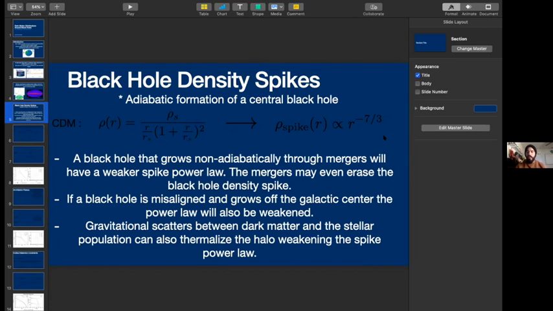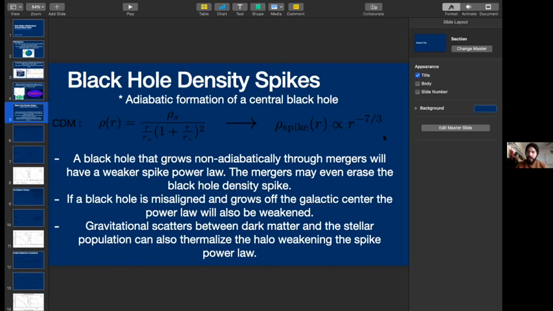If the black hole were to form through mergers, the mergers can make the spike profile more shallow, and could also erase it altogether, depending on the history. And if the black hole forms misaligned, off center from the halo, this will also soften the spike profile.